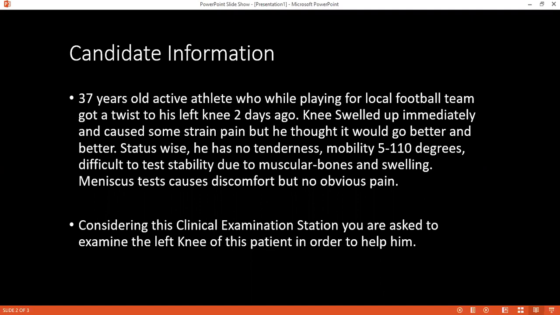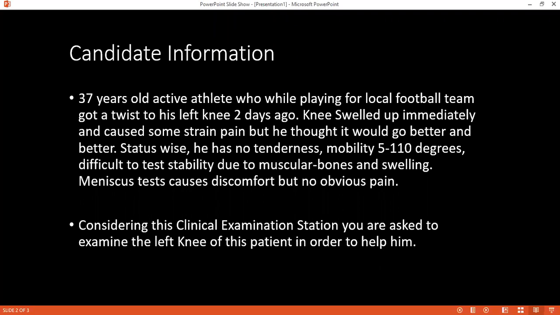I will sit beside the patient and keep the knee in 90-degree flexion and foot in neutral position, and put my fingers behind the knee joint and my thumbs on the tibial tuberosity. Pulling the joint towards me is for ACL, the anterior drawer test, and pushing away from me is the posterior drawer test.